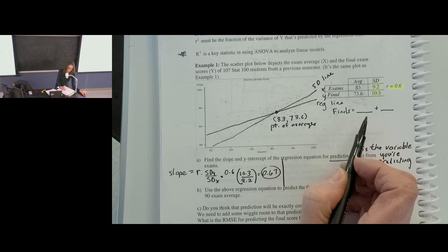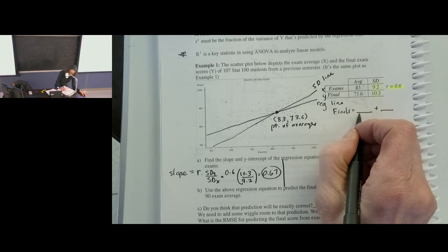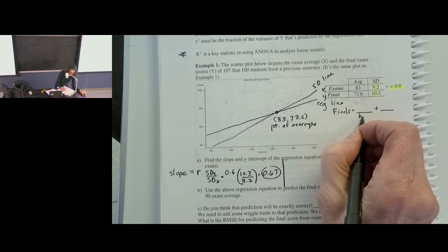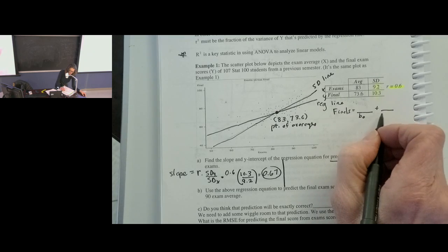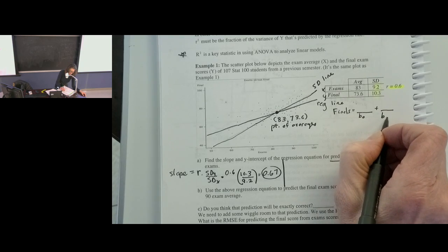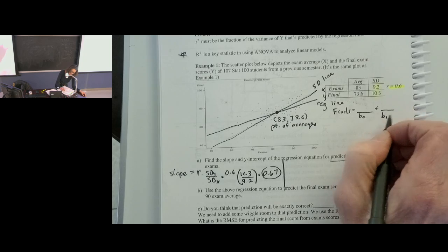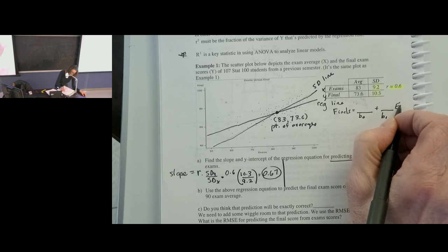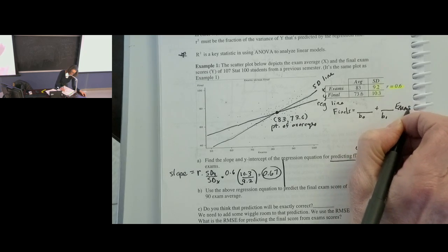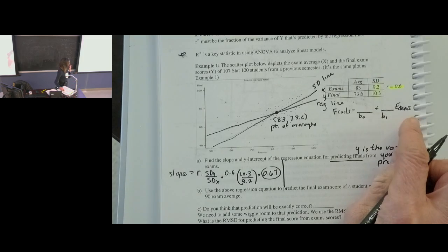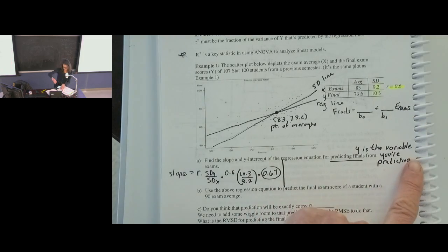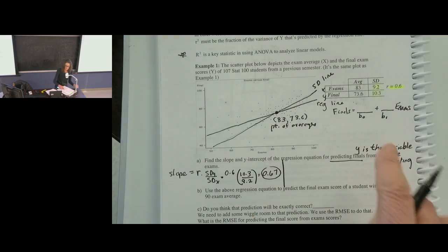We call the intercept b0, and then our first slope is going to be b1 times exams, x1. As we add in multiple regression, we keep adding these slopes. Pretty soon we're going to do that, and so we'll have b1, b2, b3, etc.